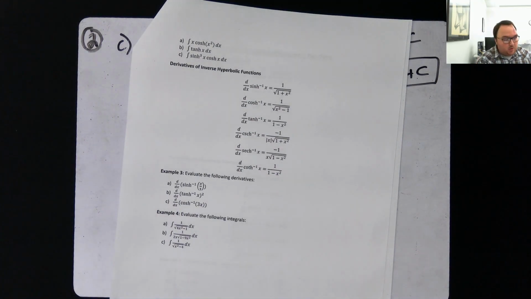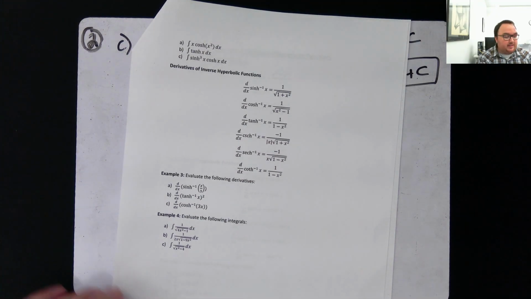So I have some rules here. The derivative of inverse hyperbolic sine is 1 over the square root of 1 plus x squared. The derivative of inverse hyperbolic cosine is 1 over the square root of x squared minus 1. The derivative of inverse hyperbolic tangent is 1 over 1 minus x squared.